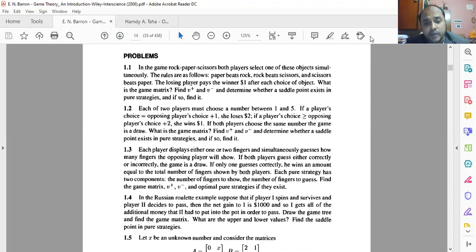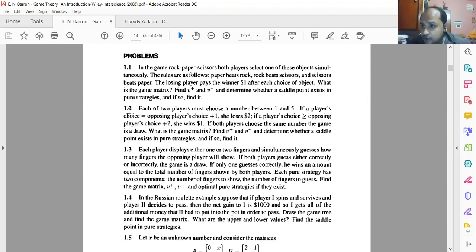I'm going to discuss the problem in the next session, not in this session. But if you are done with copying 1.2 and 1.3, then you can start solving it. You can start thinking about how to write a game matrix for that. Okay, do not ask me anything. I'm going to discuss it in the next session.